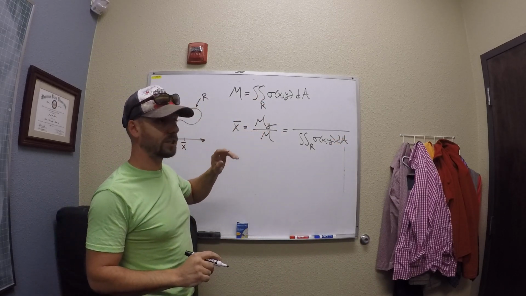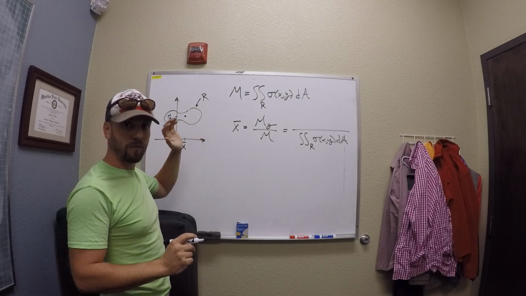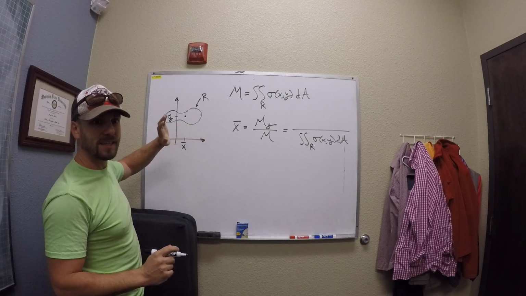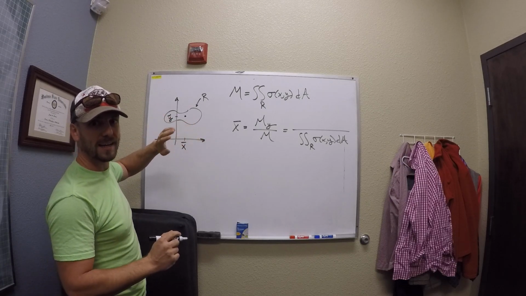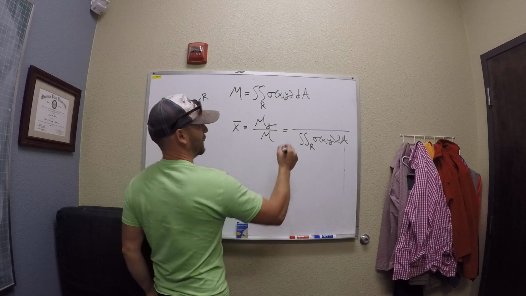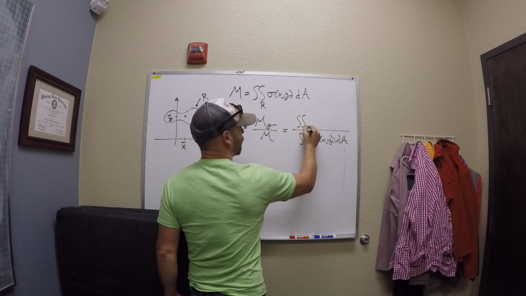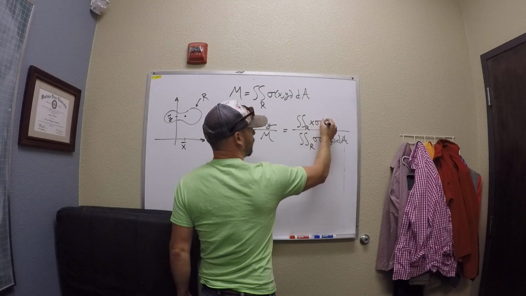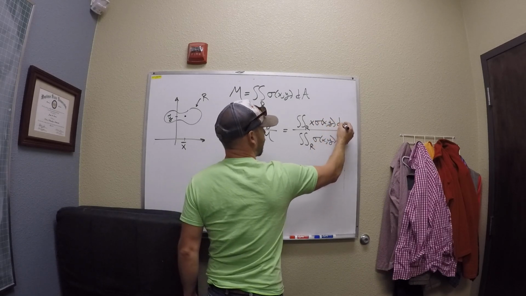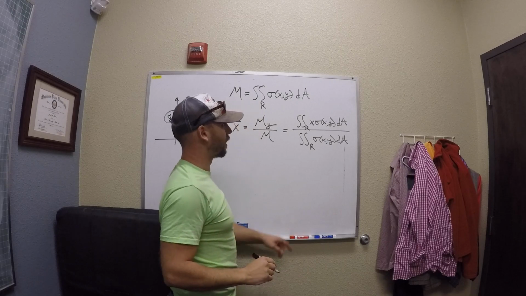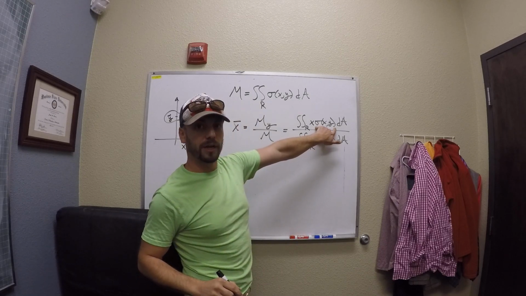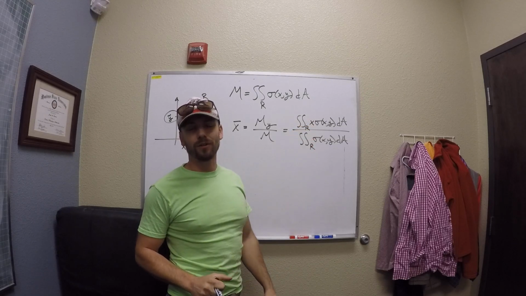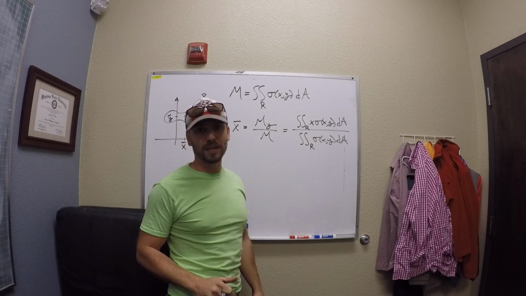And My is the tendency to tip over the y-axis, and the tendency to tip over the y-axis is a thing about x's. So that's the double integral over R of x sigma of x and y d area. Whatever your density function is goes in here, weighted by x. That's really just saying the further out something is, the tippier it makes it.